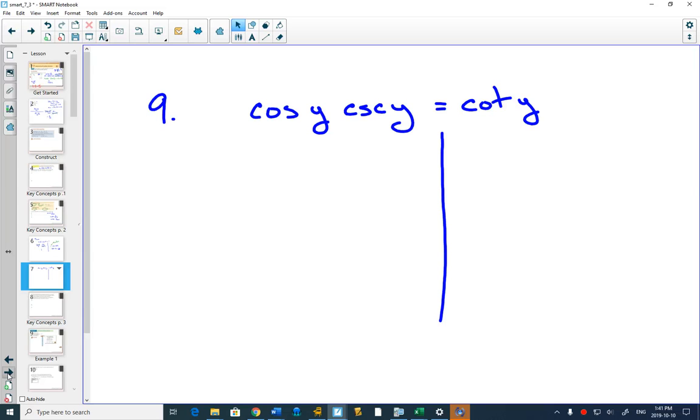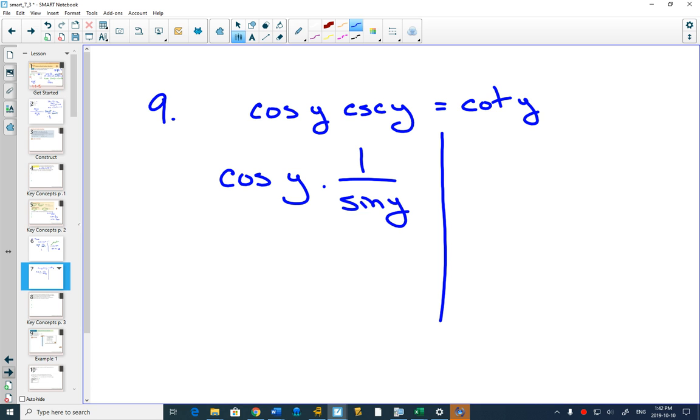So for example, cos y I'm going to keep as cos y, but cosecant I'm going to change to 1 over sine. How do you multiply fractions? You multiply your numerators, you multiply your denominators. This side is cos y over sine y. With cotangent, I have a choice.